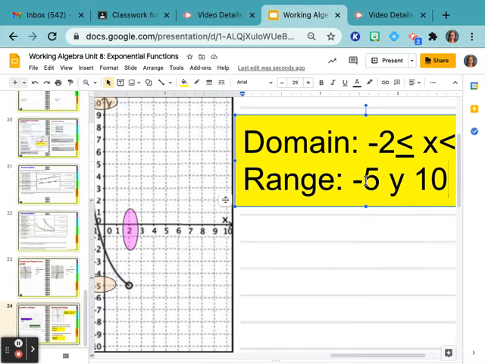So I just write -5, y, and 10, and now I fill in my inequality signs. Which inequality sign do I use for -5 since this is an open circle? Is it included? No, because it's open, so it's not actually included, so we just use a less than sign.